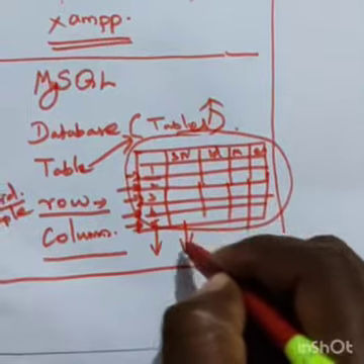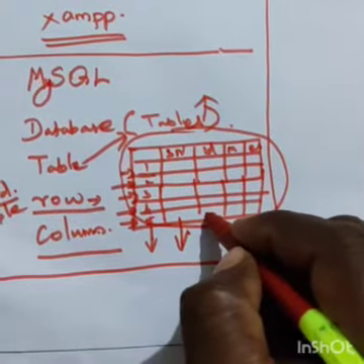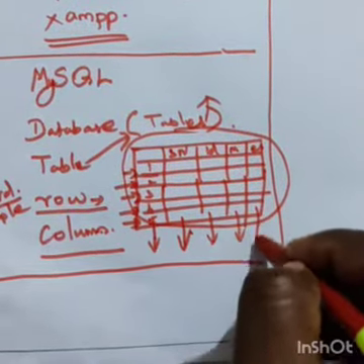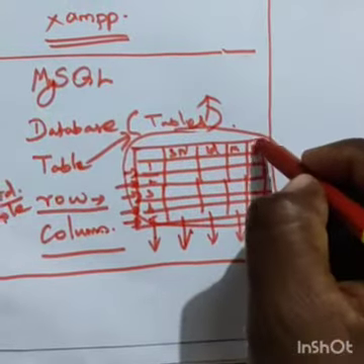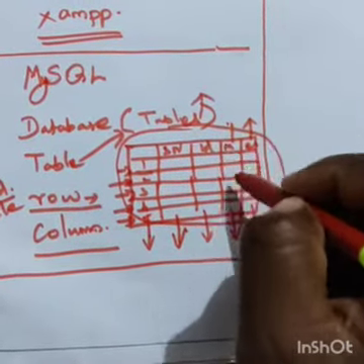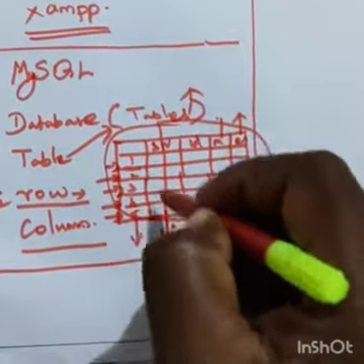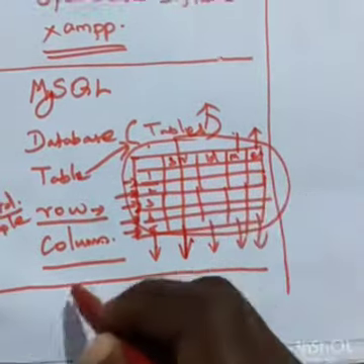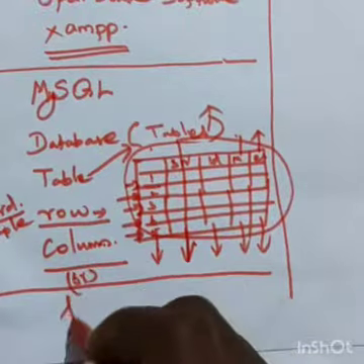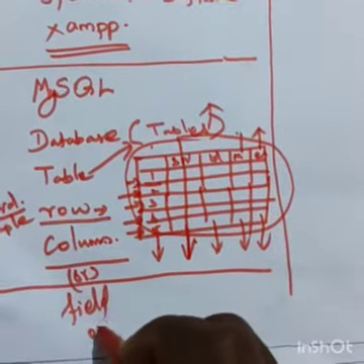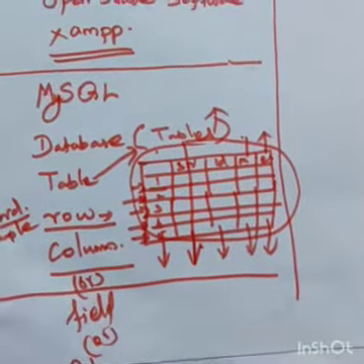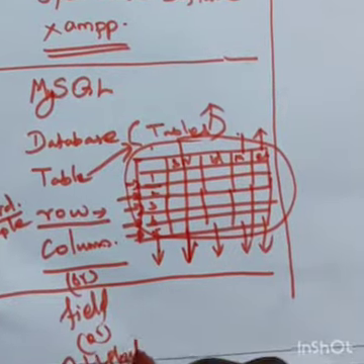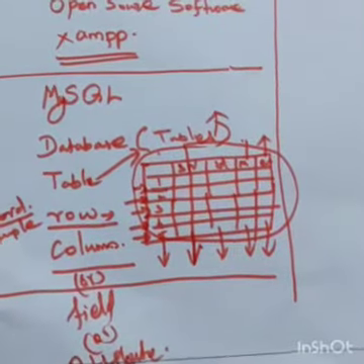This is the first column, second column, third column, fourth column, then fifth column. This is a column name. The vertical series is called a column, or field, or attribute. It has many names.